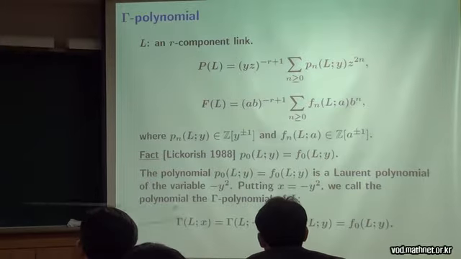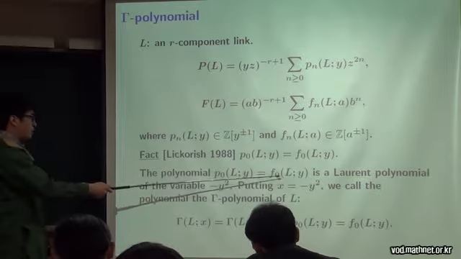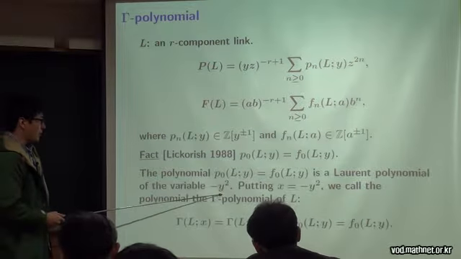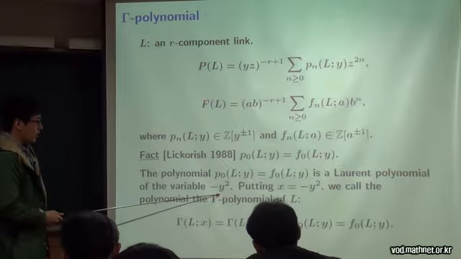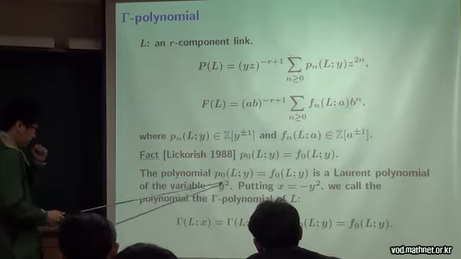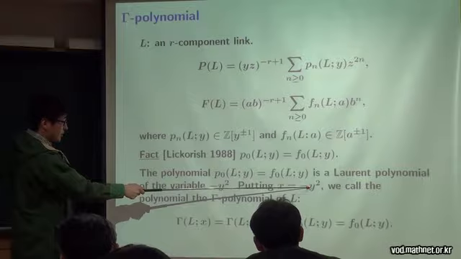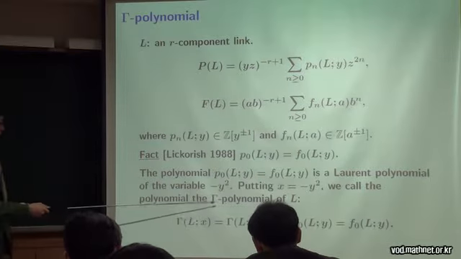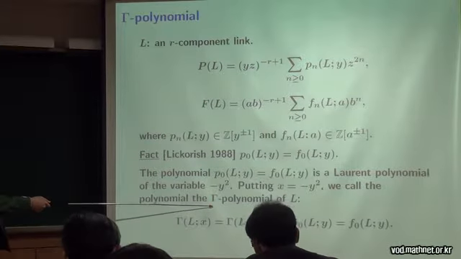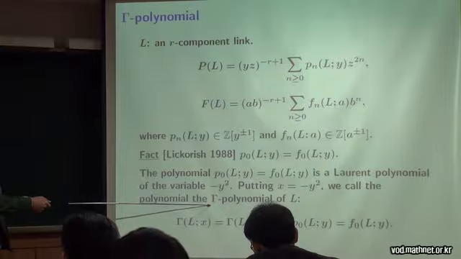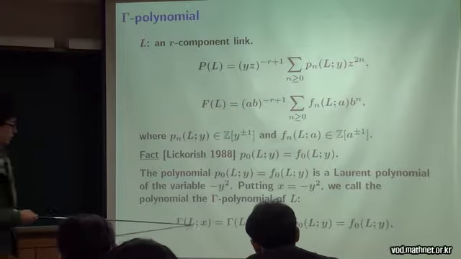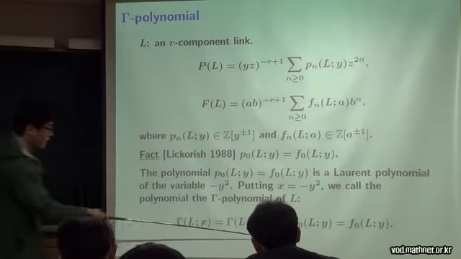And the polynomials P0 and F0 are Laurent polynomials of the variable minus y square. So by putting x equal to minus y square, we call the polynomial the gamma polynomial. And namely, we consider this equality.